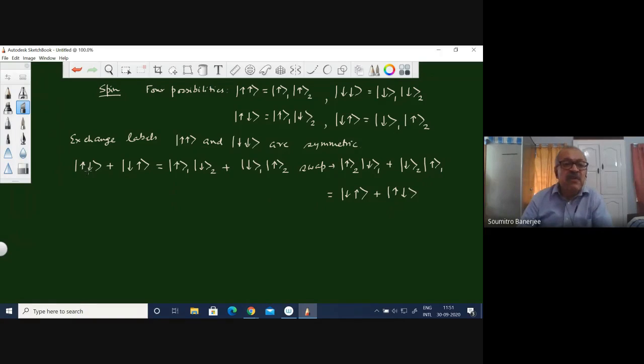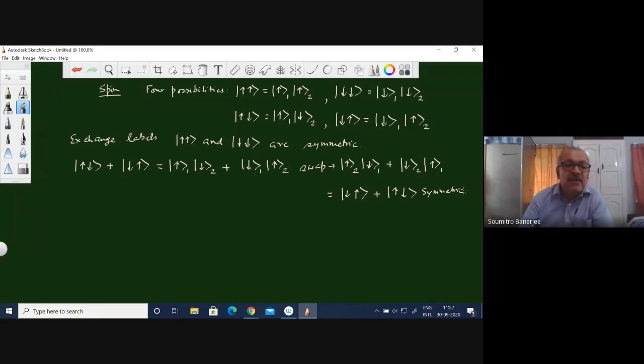So you started from up, down, plus down, up, and we ended up with this, which is basically the same, right? It is only written in a different order, but basically the same. So I see that by adding these, I get something that is symmetric. So this also fits our bill of representing identical particles.